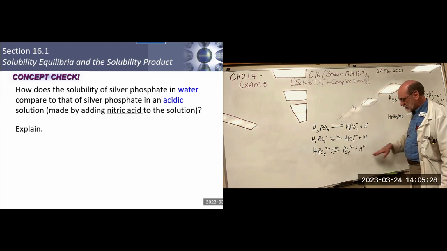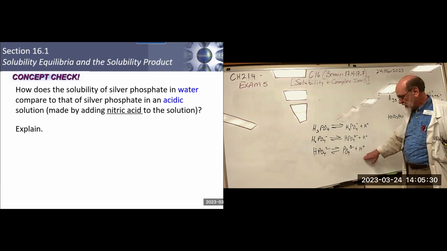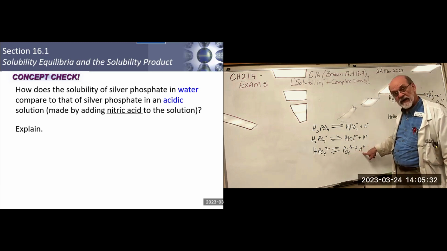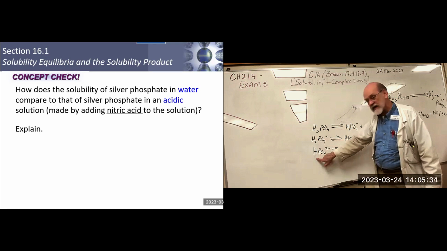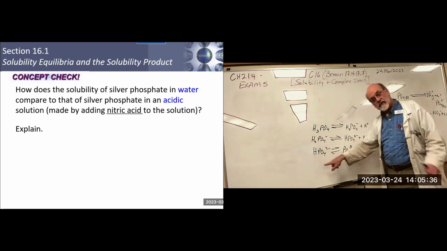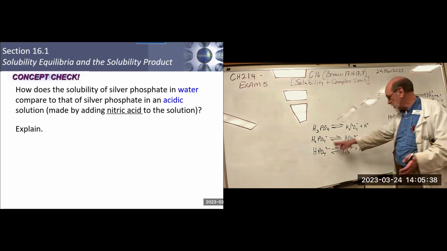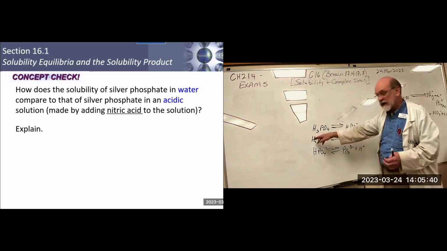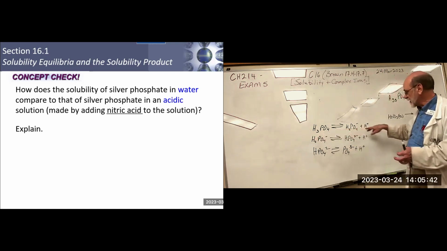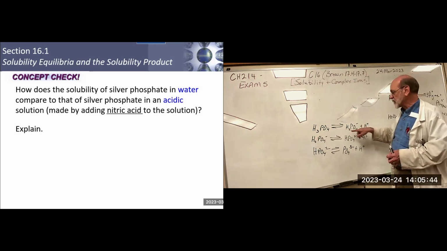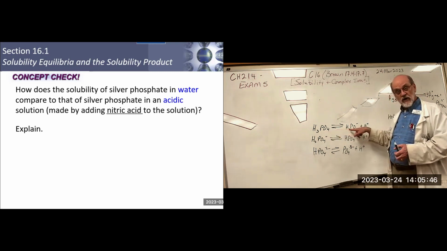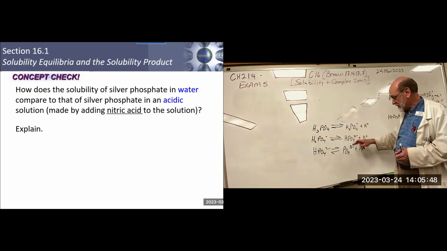So what that means is if you've got hydrogens available, that phosphate is going to pick them up and it's going to go right over here. And then if you still got some more hydrogens available, this one's going to pick them up and go over here. And since this is the conjugate base of a weak acid, it's a strong base. These are all strong bases.